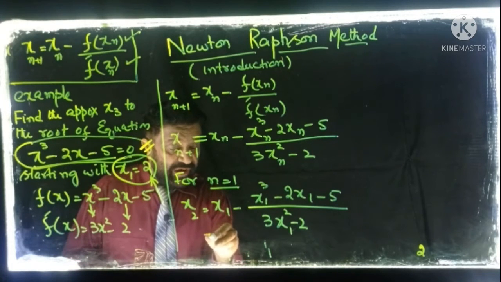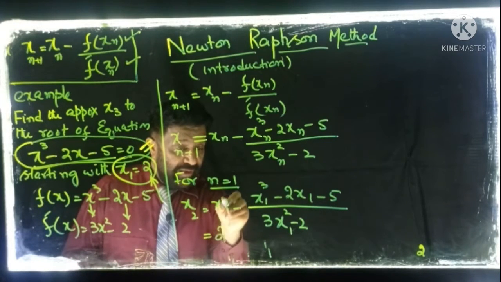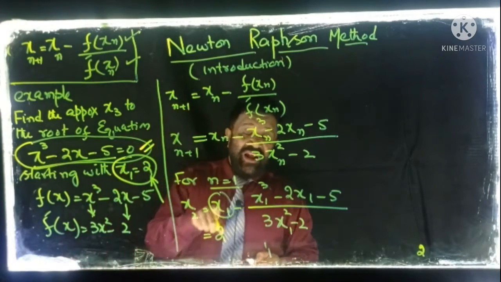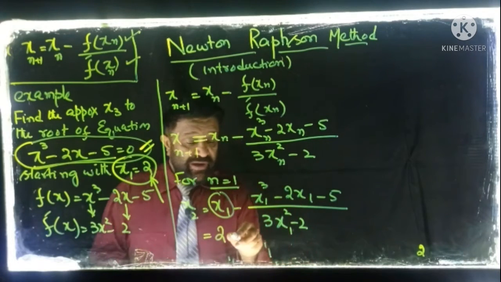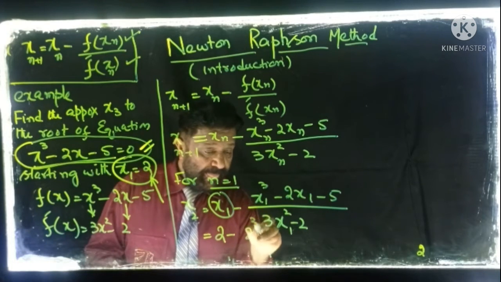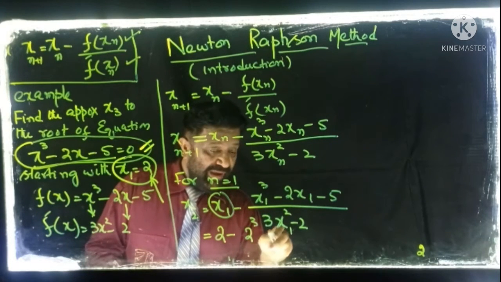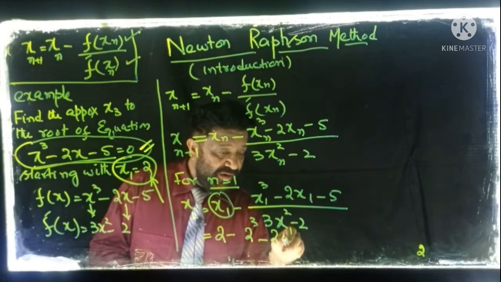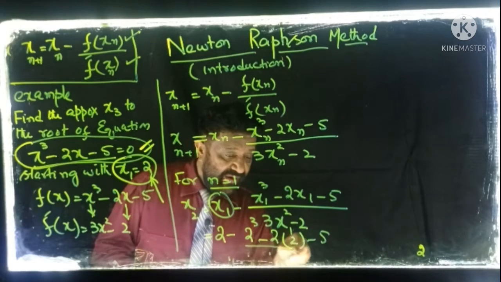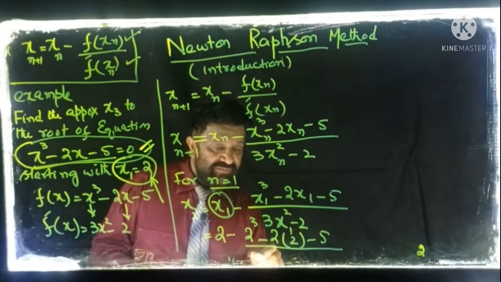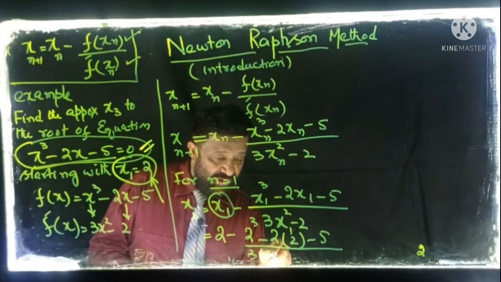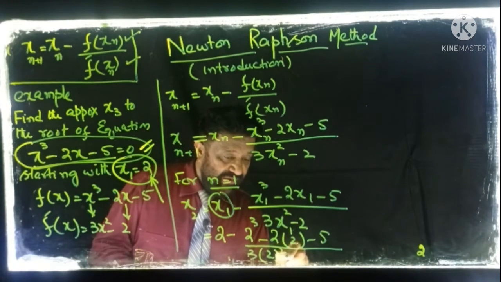So x2 equals 2 minus (2 cube minus 2 times 2 minus 5) divided by (3 times 2 square minus 2).